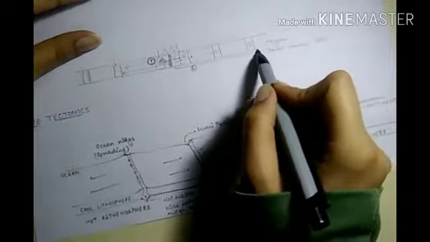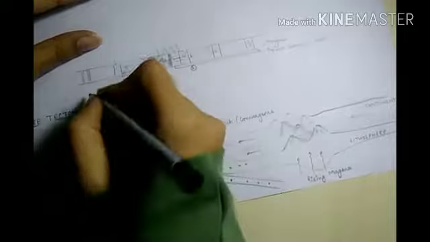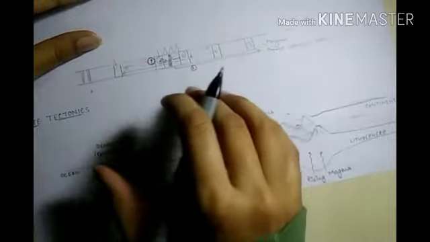Now, why are they moving apart from each other? This is the cool lithosphere, and beneath it we have the asthenosphere, which has hot molten magma.